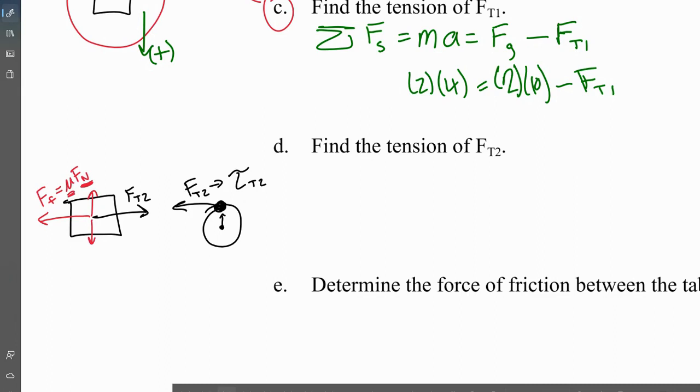We really just don't know mu in this situation. So we cannot use that approach. We can't look at that block, which means we have to look at the pulley. Remember, the pulley has this torque of tension 1 being applied to it right there.